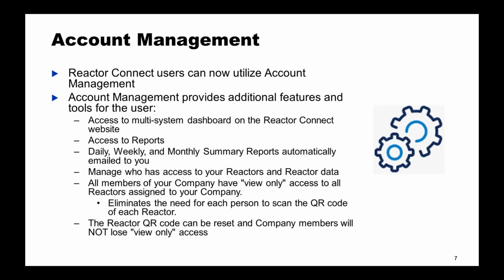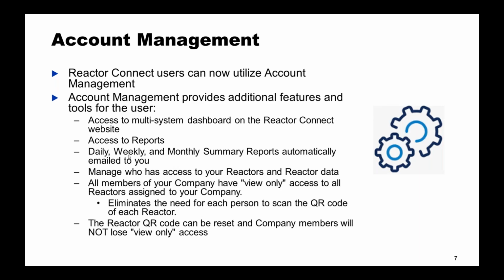Once you create this user account, there are a lot of benefits that you ordinarily wouldn't get just by using the app alone with the phone. The biggest one is the multi-system dashboard on the website. You have access to all the reports. You can run the reports both from the website and from the phone. We're emailing you reports every day. Every day you'll get a summary report of your data from the day before.